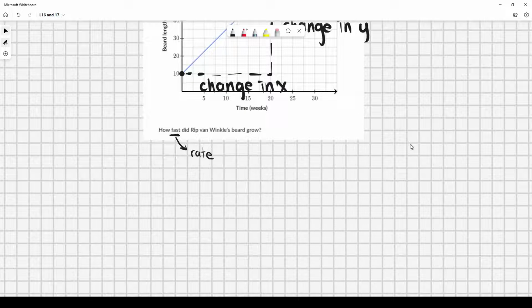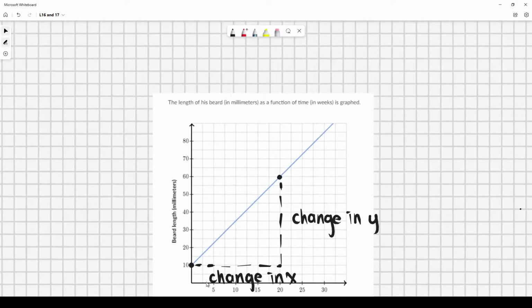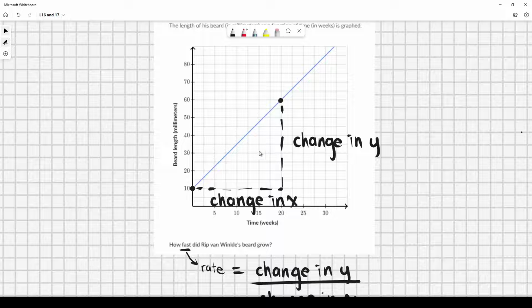So again, with a straight line, it doesn't matter where I pick the points. The slope is the same everywhere.